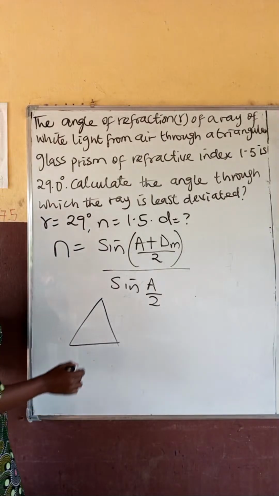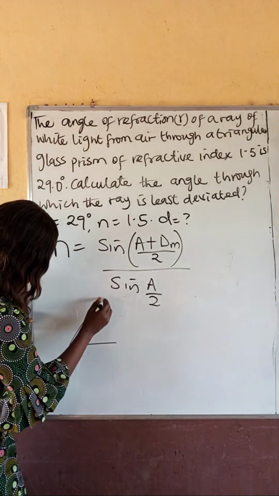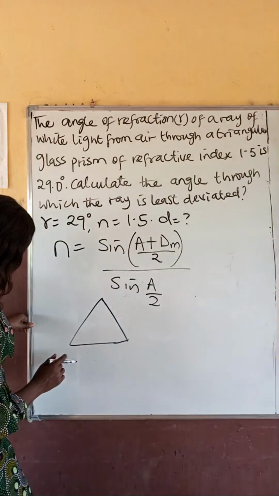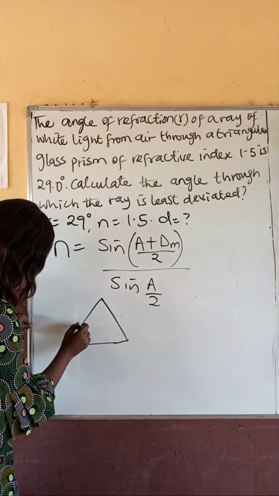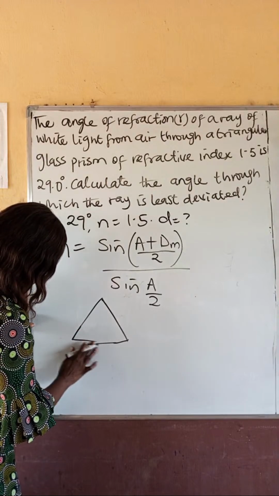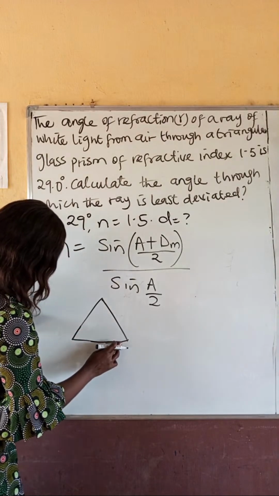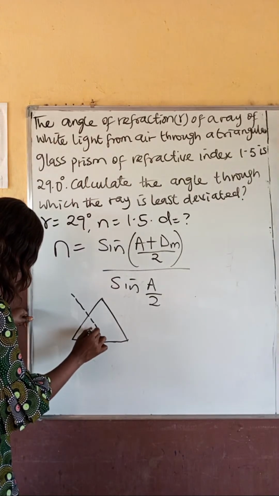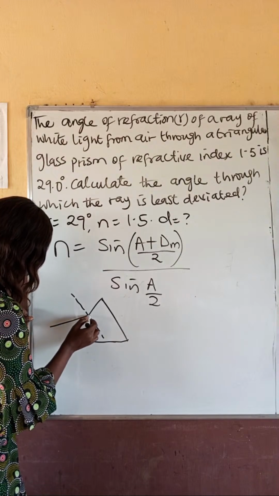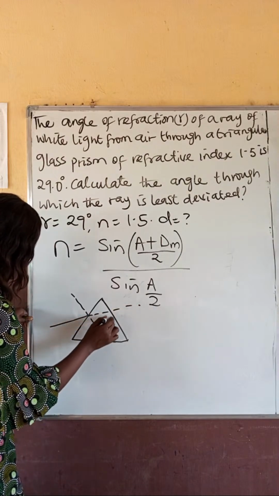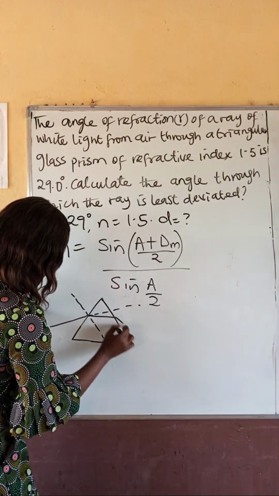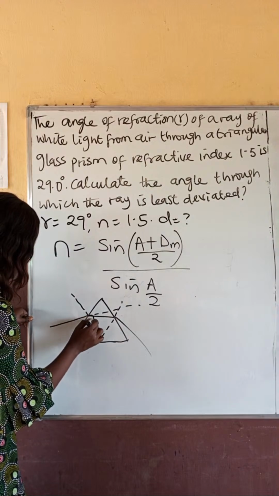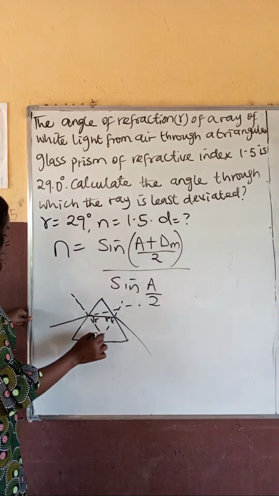All right? You will now observe that we have a ray. This is my R, this is my R, right?